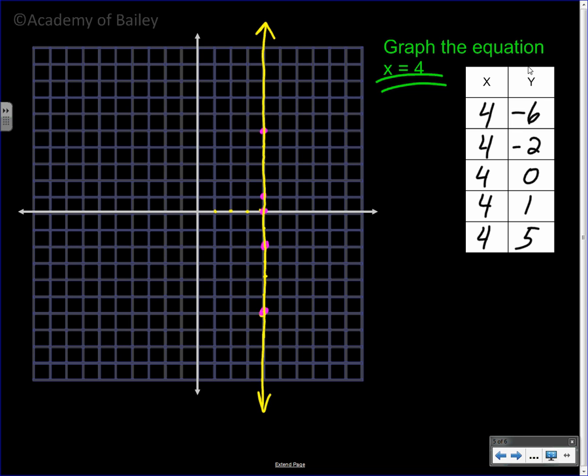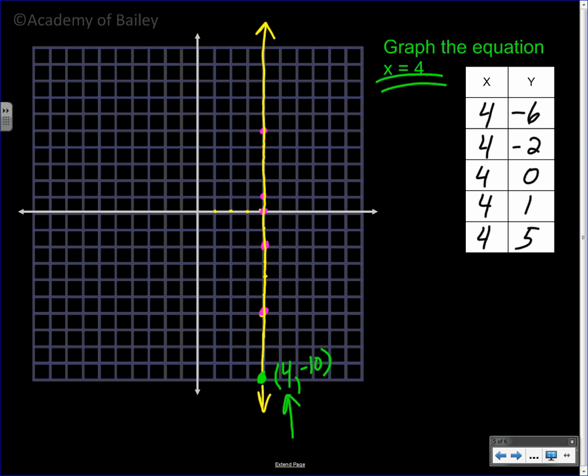Let's pick a point. Let me get a color you can see. Let's pick that point right there. What is that ordered pair? Well, we know we went to the right 4 to get there. And how far down? 10. What do you notice about the x value here?